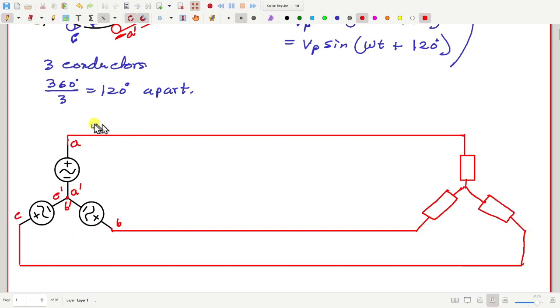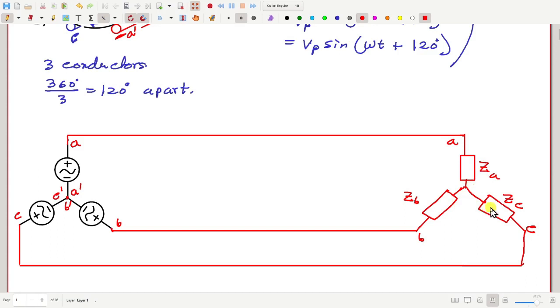Let me call this also A, B and C. These are some impedances. So this may be our houses, our factories, whatever. Call these impedances ZA, ZB and ZC. So this way the loads are connected in a power system.